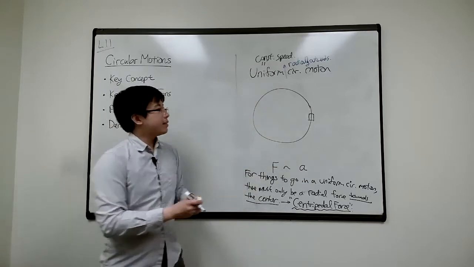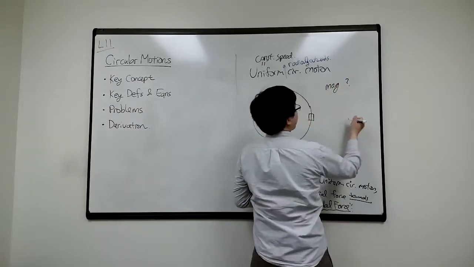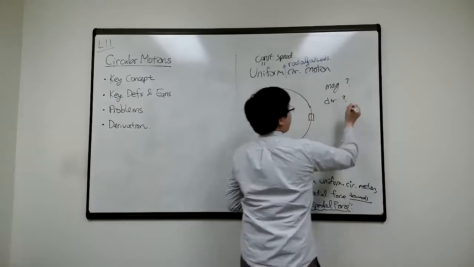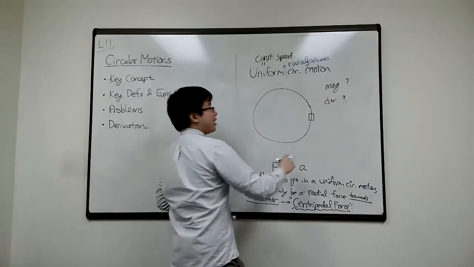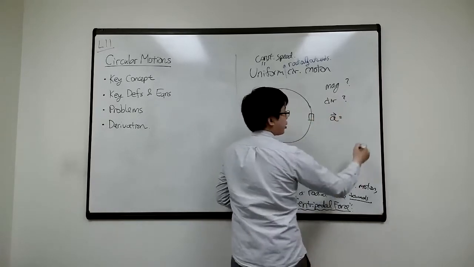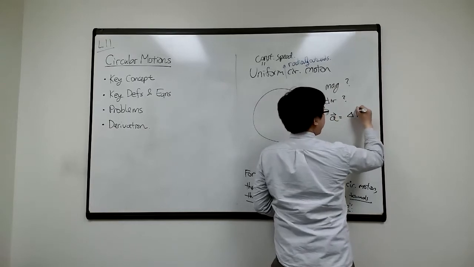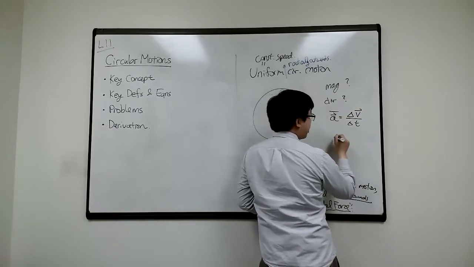Now the question is two things: what is the magnitude of that acceleration, and what is the direction of that acceleration? Okay, let's talk about direction first. So what is acceleration? Well, acceleration is the change in velocity over change in time. Oh, this is average acceleration.